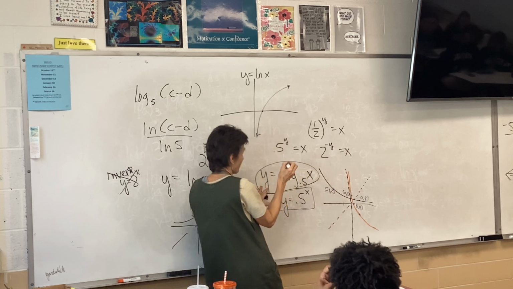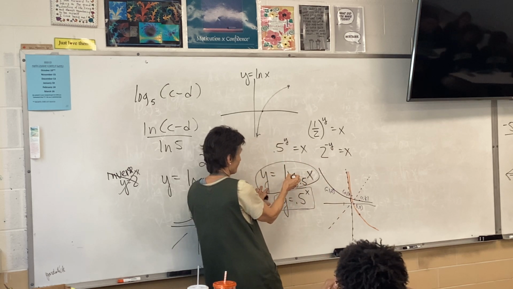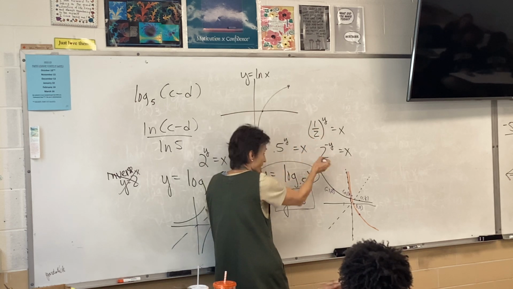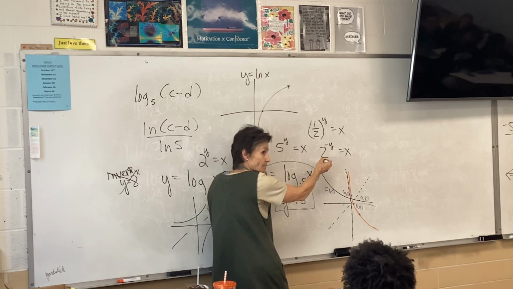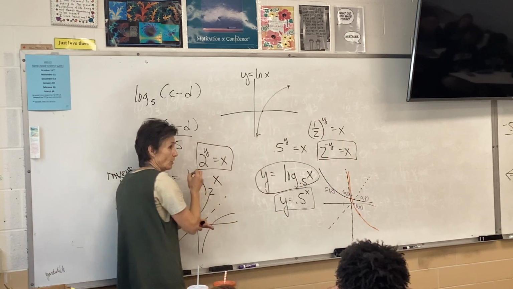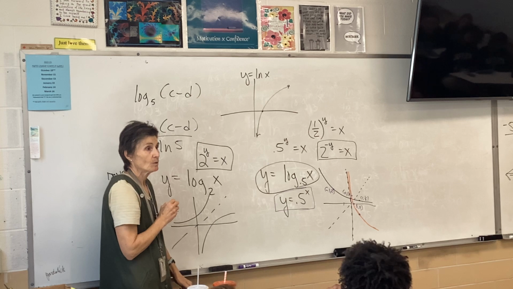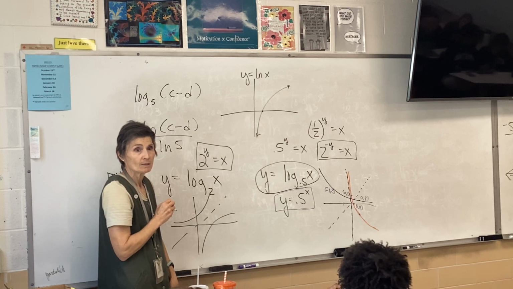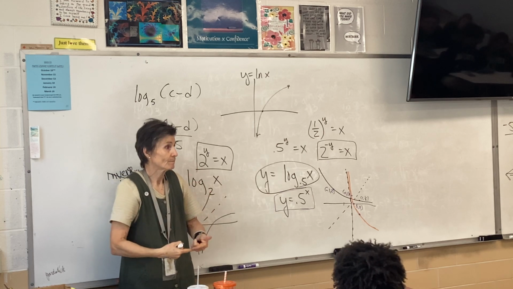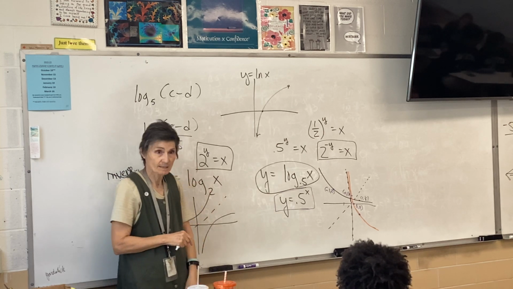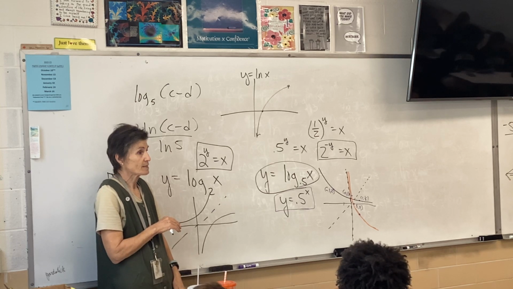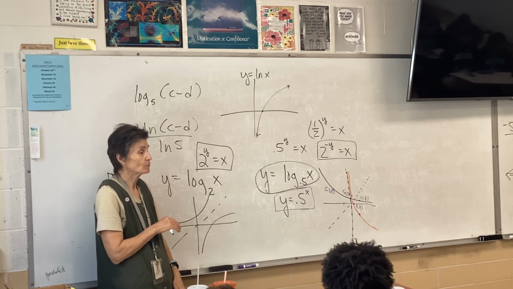So first it was this, then that, and now this. Aren't these the same thing? Compare that one to the original, and what happened? We changed the sign on y, and when you change the sign on y, what do you do? Flip over the x-axis. So it all makes perfectly good sense when you really think about it.